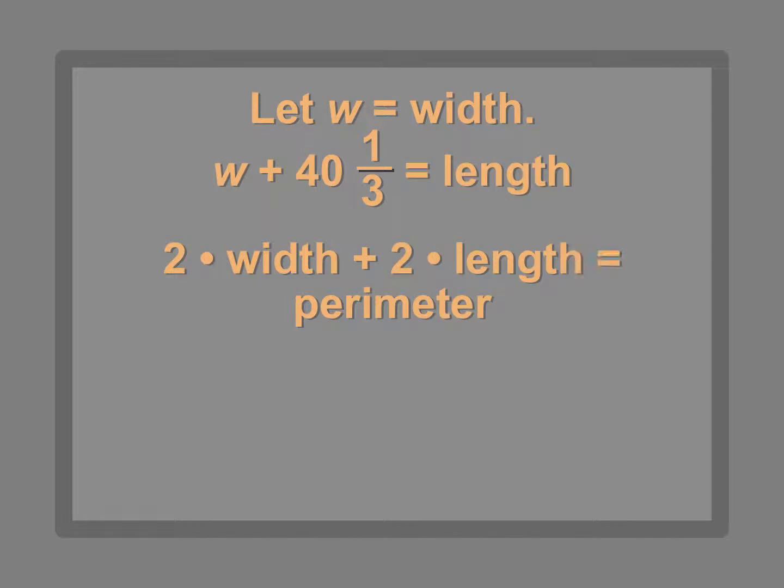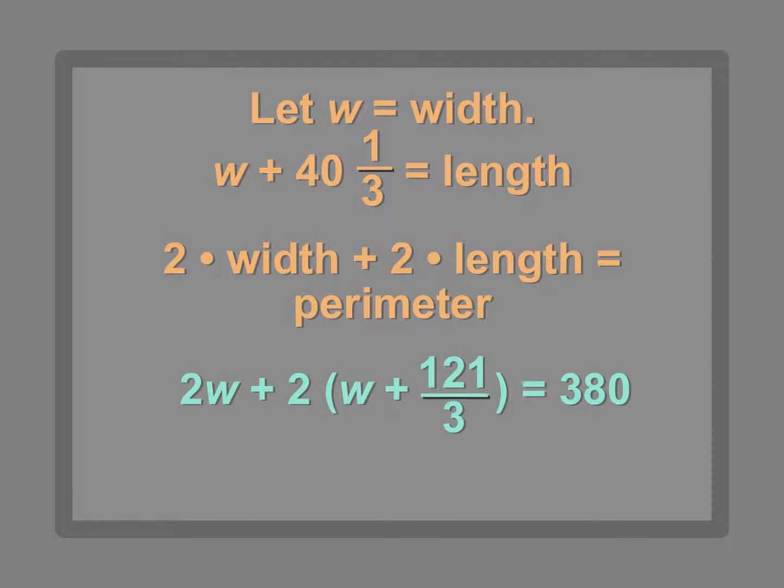So we want to set up our equation. It would be 2W plus 2 times W plus 121 over 3. So that's 40 1/3 converted to an improper fraction. So now to solve this problem, we would distribute the 2, combine like terms, and then solve for W.